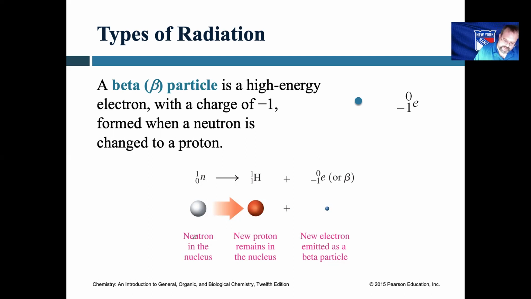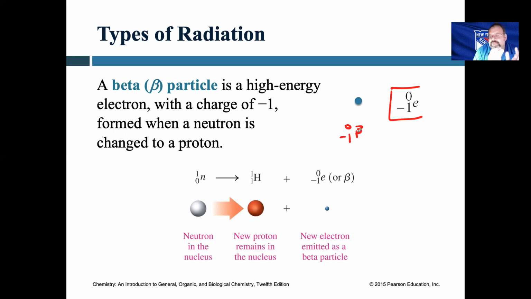And the atomic symbol for an electron is 0, -1e. E representing electron, or as you can see towards the bottom here, 0, -1 beta would be acceptable as well. -1 atomic number, because if you think about it, electrons and protons are sort of opposites of each other.